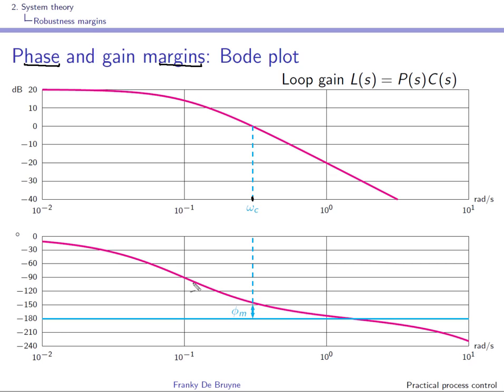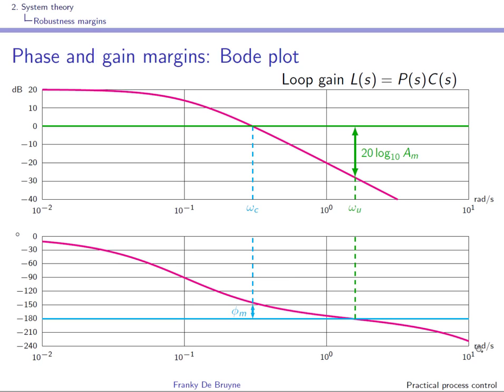We can lower the phase curve and this will still be okay until we reach this point over here. So here we can see that there is a phase margin, and this phase margin really is 180 degrees plus the phase shift that you have at this crossover frequency. So it's 180 degrees plus the argument expressed here in degrees at the frequency ω_c.